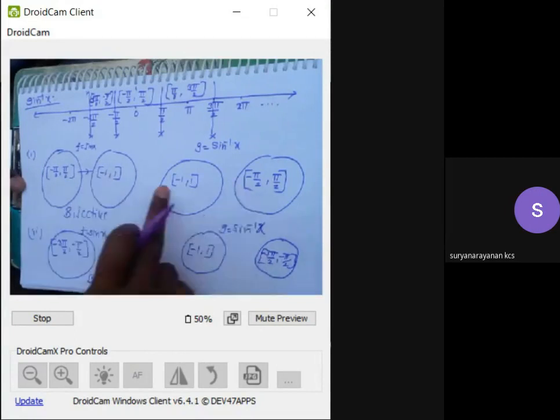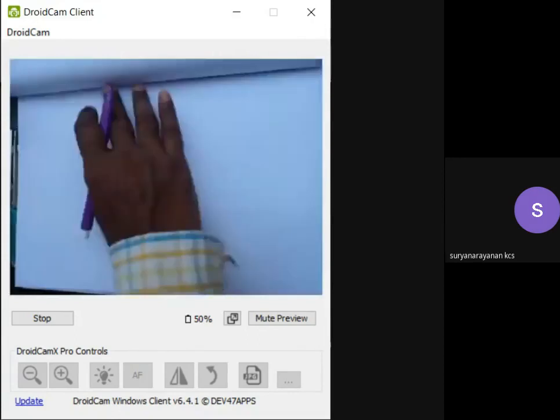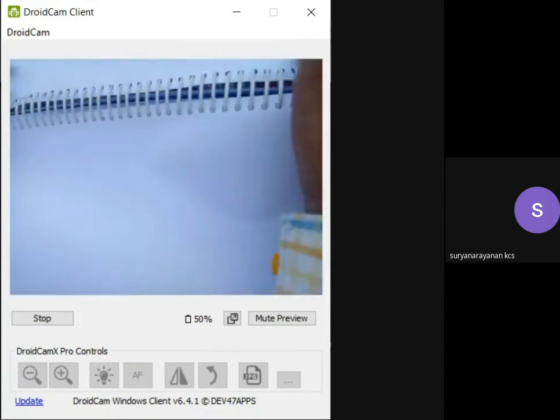Similarly, if you take the closed interval pi by 2 comma 3 pi by 2.